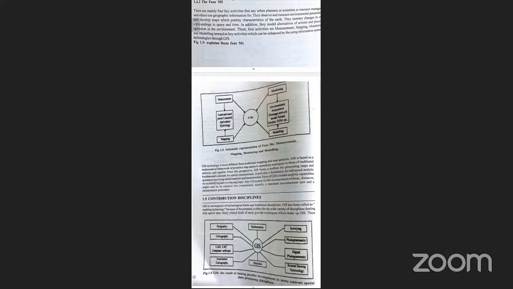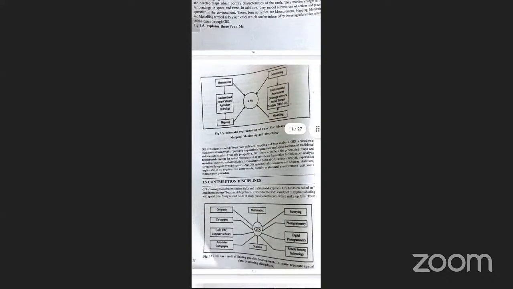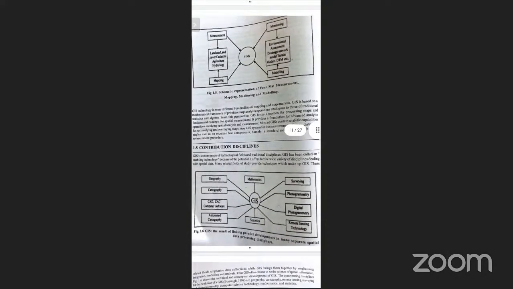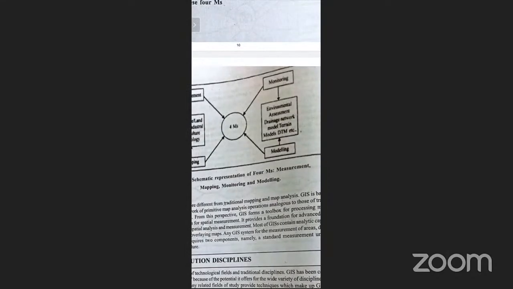And the second one is mapping. According to that measurement, or that scaling, we are ready to make a map. The next one is monitoring. In monitoring, we see the objects: what objects are located, and what components are there.